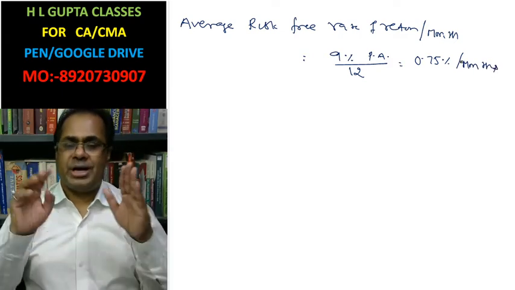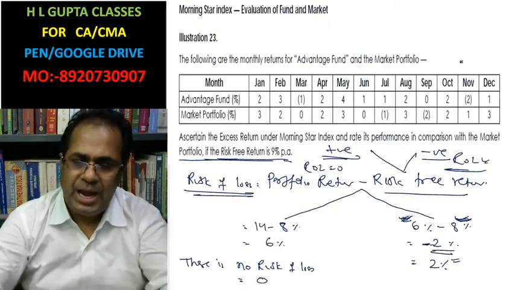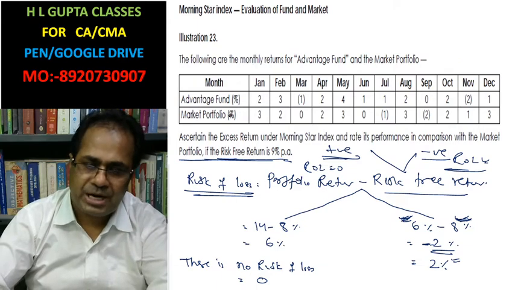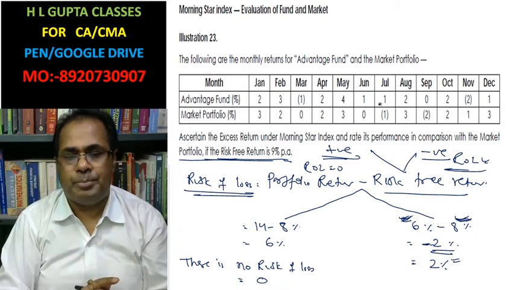Why we need to calculate in per month? Because we have given return of advantage funds and market portfolio, these are in months. That's why we must have to calculate in per months.